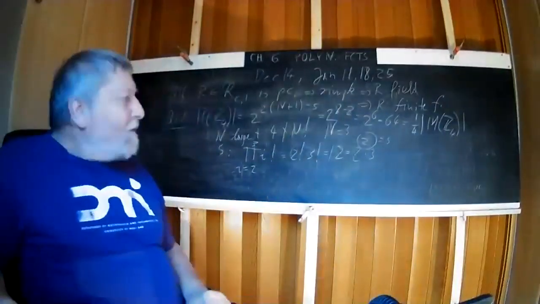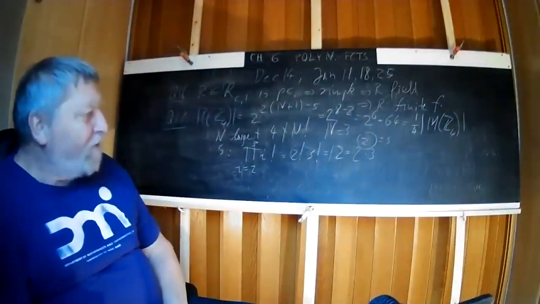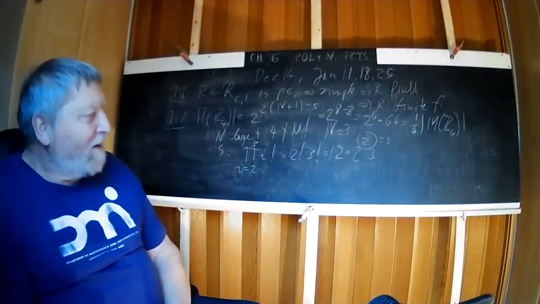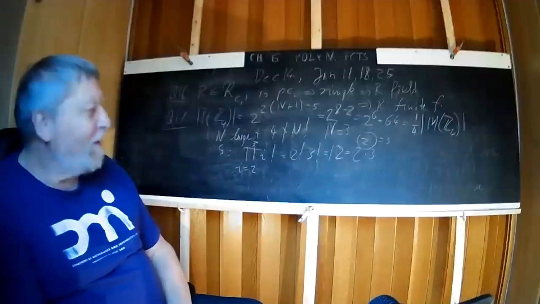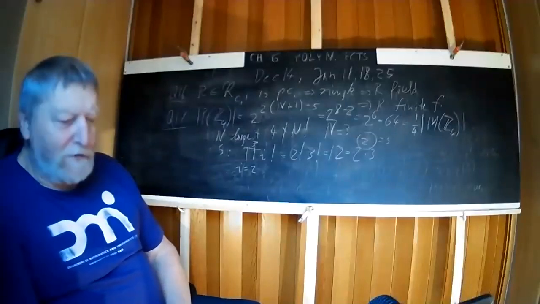So the part of all functions which are polynomial functions is just 1/4. 1/4 of all functions fulfill this.